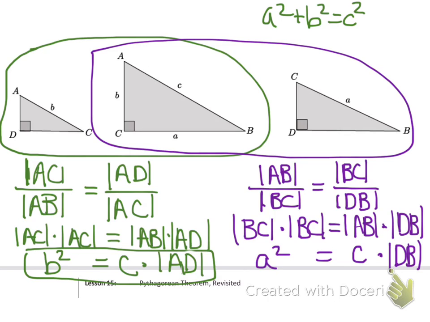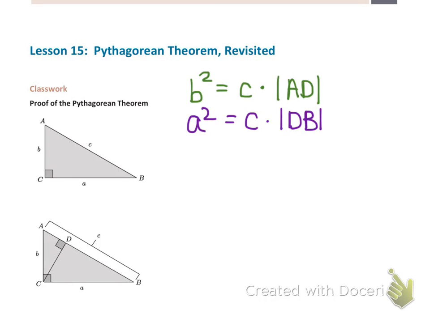Okay, so now we have these two relationships here. We have something that's A squared, and we have something that's B squared. So we're going to use those relationships to go back and say something about the triangle as a whole. Okay, so I'm going back to our original illustration with our results from looking at those similar triangles.